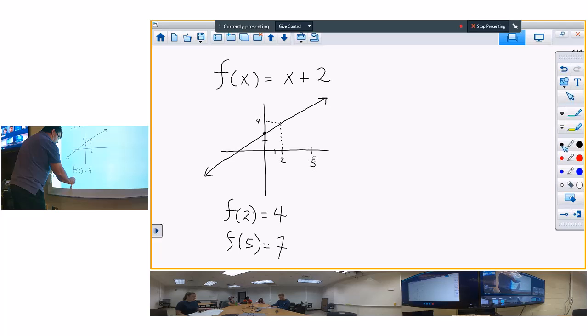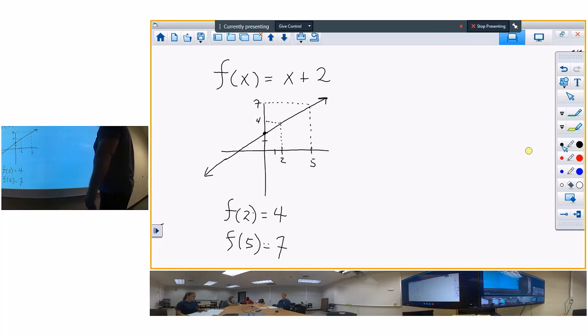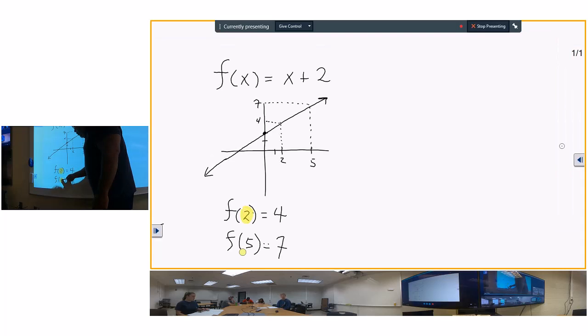There's 5. This thing goes crazy when I write in dots. And that's 7. Now I want you to make sure you understand that f of 2 and f of 5 means that I am asking you for a point. Does everybody understand that?